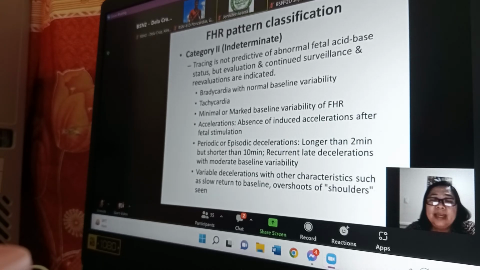Bradycardia with normal baseline variability may occur. Tachycardia may occur. Minimal or marked baseline variability of FHR may be present. Absence of induced accelerations after fetal stimulation. There may be periodic or episodic deceleration. And there may be variable decelerations with other characteristics such as slow return to baseline, overshoots or shoulders are seen.